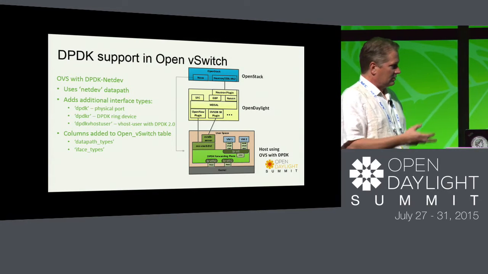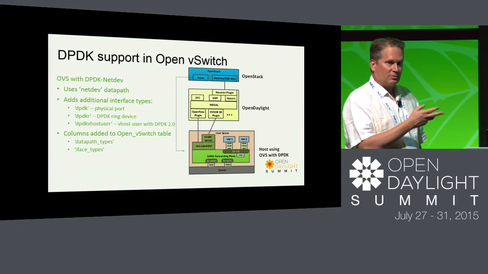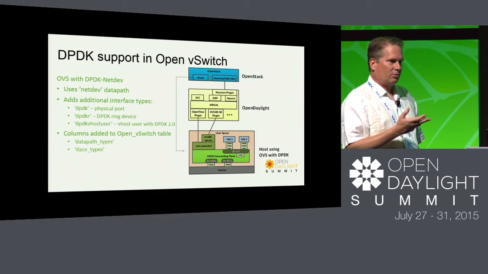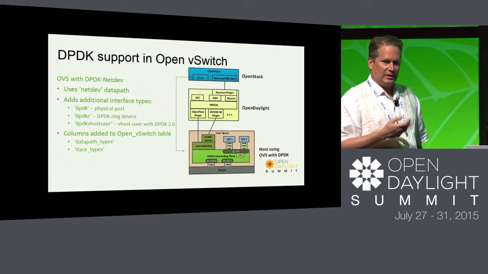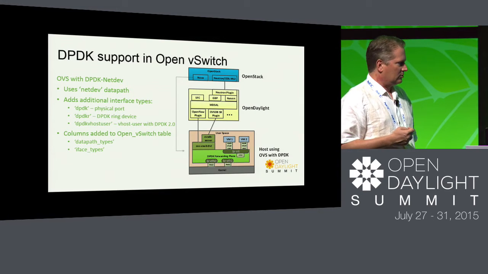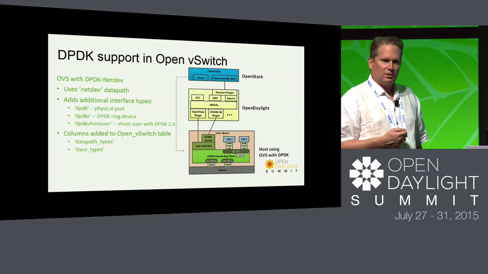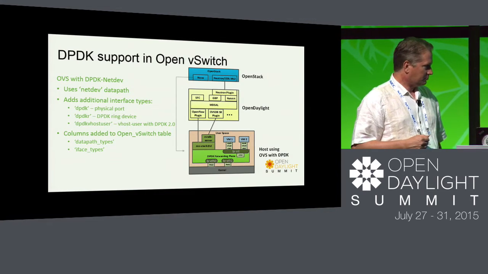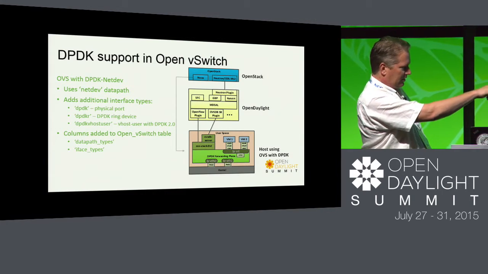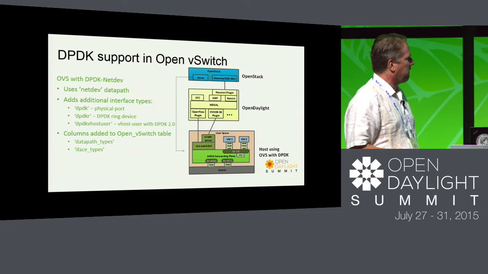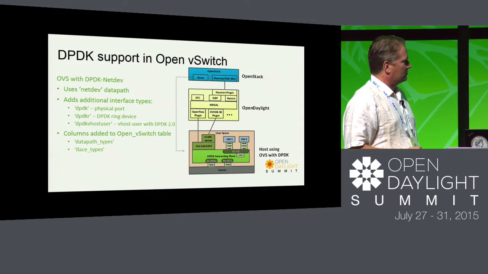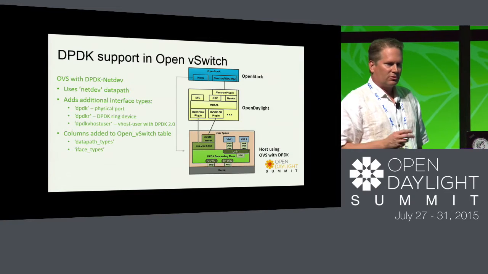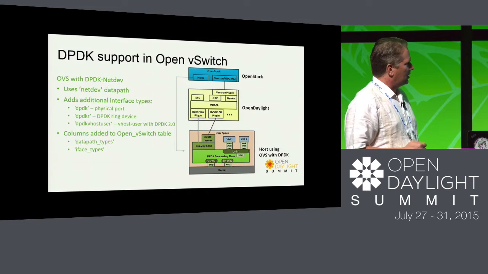Because the data path is running in user space, the physical port is also managed by DPDK in user space and uses what we call a poll mode driver. Danny will probably talk a little more about that in his presentation, but you see it there in the diagram called PMD.